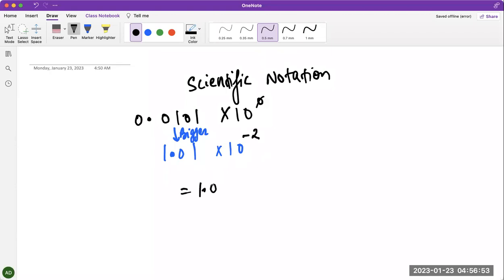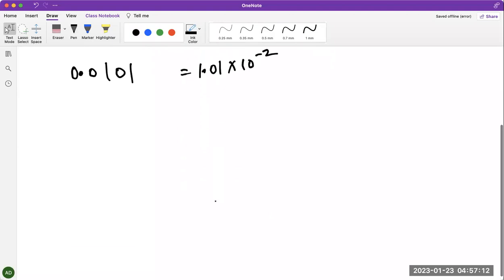So 1.01 times 10 to the power -2 is the scientific notation of the number, which actually is this. Both of these numbers are equal in value, but the way you're presenting them is different. Let's do some more examples, and hopefully it will clarify what we're doing here.